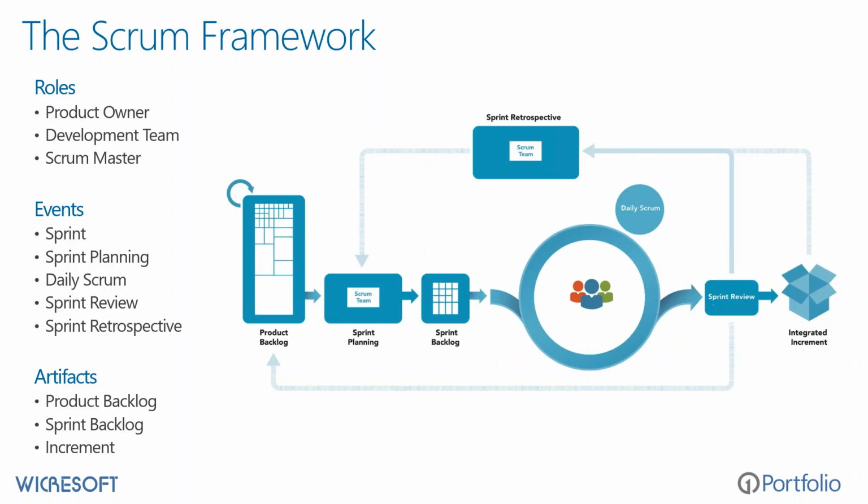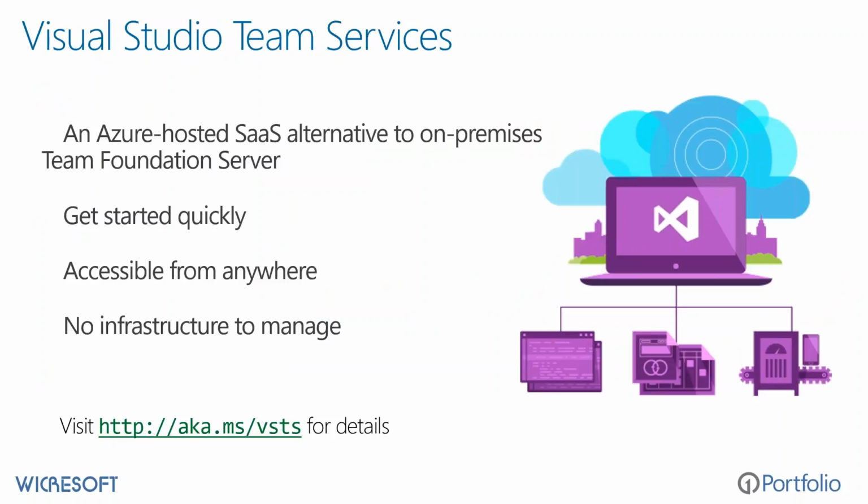And I'm going to demonstrate most of these things as I go through and show you Visual Studio Team Services, which I want to be done with the slides here very quickly and show you with some screens how Visual Studio Team Services can support a Scrum team so that you can be Agile. VSTS, or just Team Services, is the Azure-hosted alternative to Microsoft's Team Foundation Server.